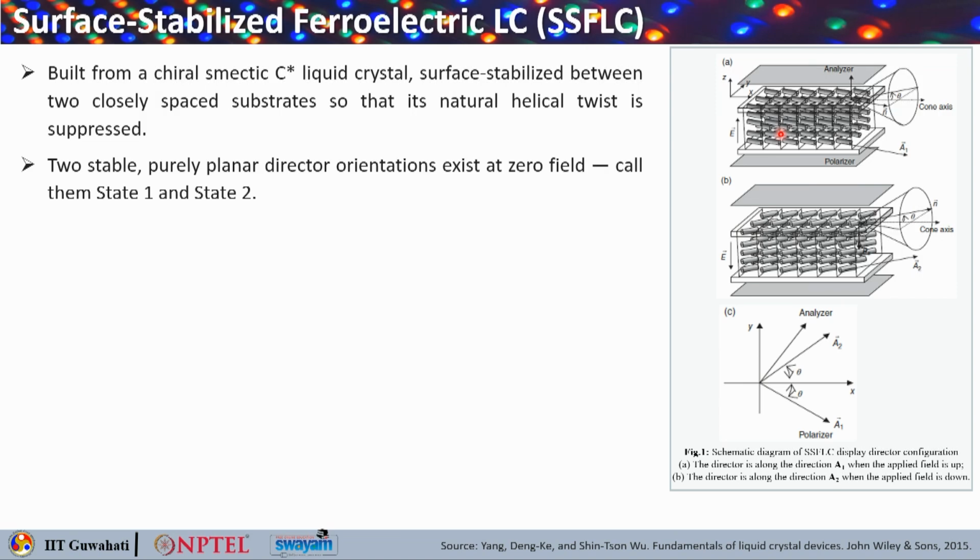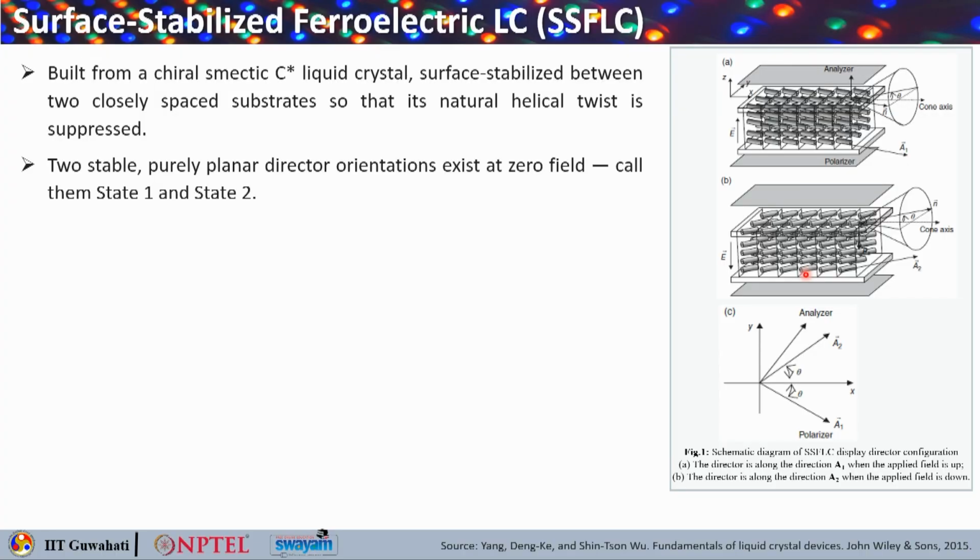When we say bistable, that means there are two stable states, and these are possible because of a purely planar director configuration which exists when there is no field. You can call them state 1 and state 2. The entrance polarizer is set parallel to state 1, which is why state 1 is called the dark state.